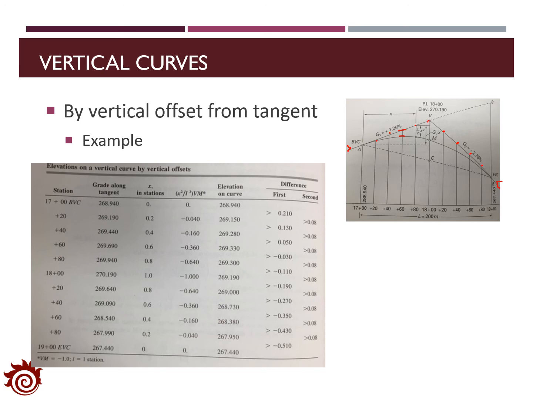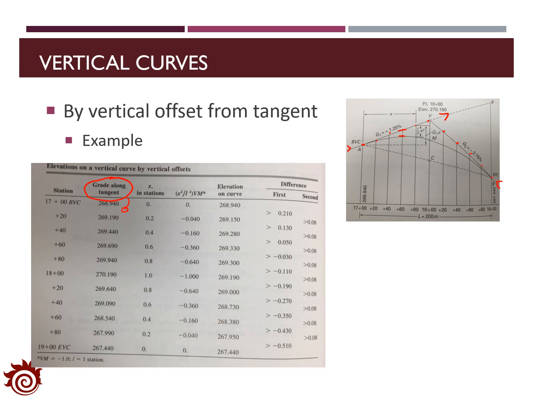For the calculation of the elevation along the tangent line, we can use the linear property of those straight segments. Based on the grade of the straight segment, we can identify the elevation at those stations with the information of the elevation at the initial or the end point. And the elevations will be listed in the second column in this table.